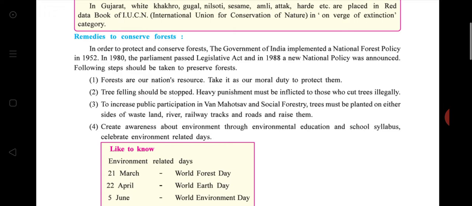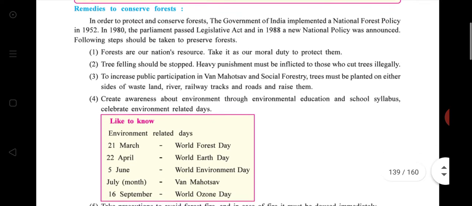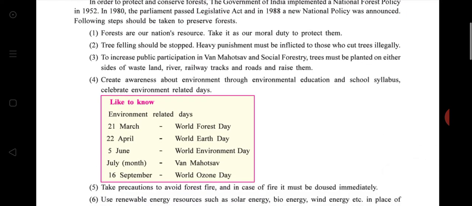So, take it as a moral duty to protect them because without forest, as we all know, we can't live properly. Then, tree felling should be stopped. Heavy punishment must be inflicted on those who cut the trees illegally.